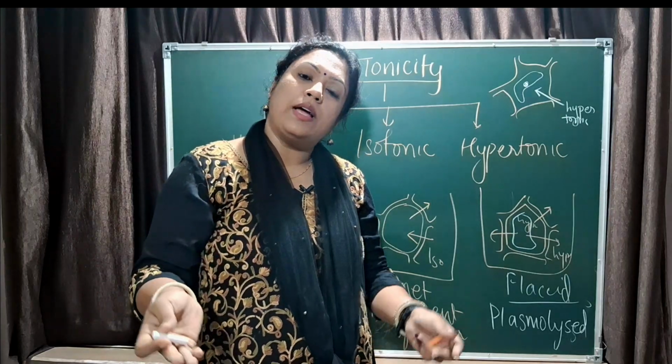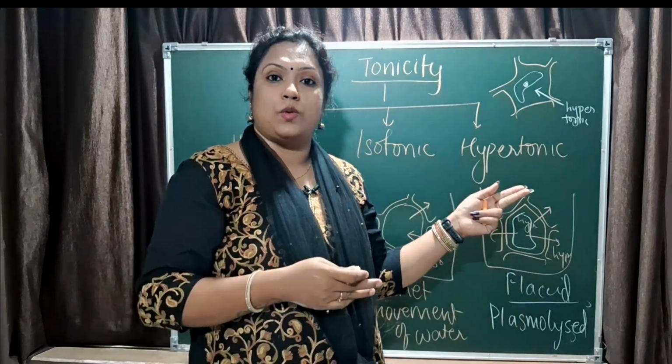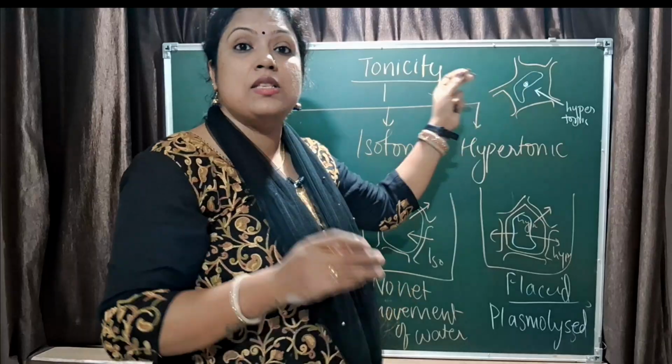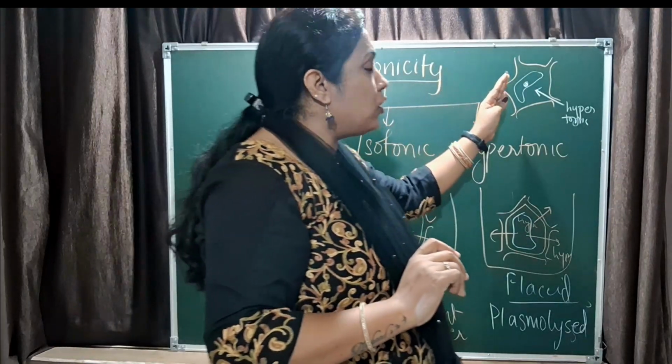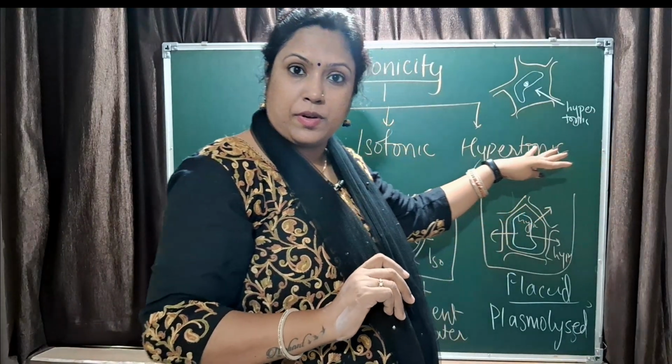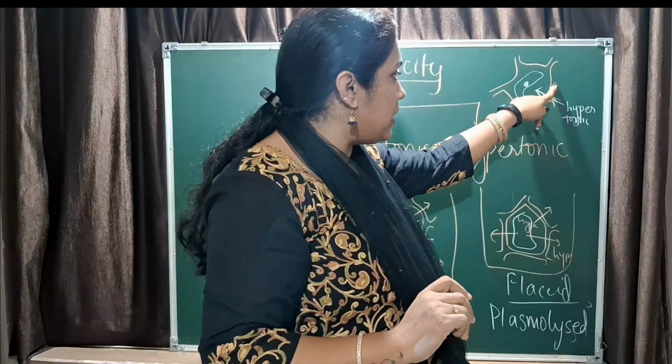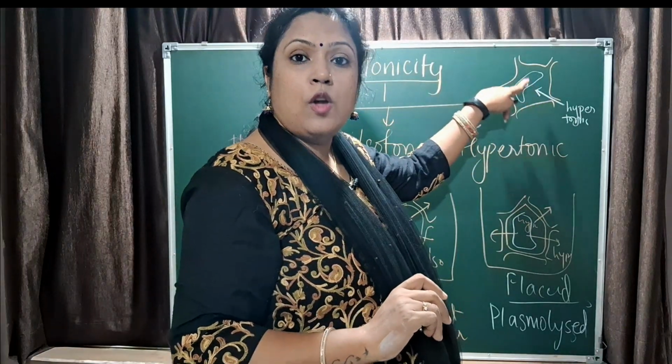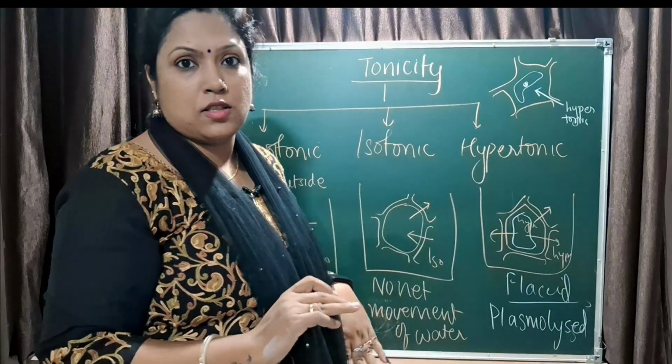It will allow the entire solution to pass through it. But the cell membrane is semi-permeable. It will allow the loss of water to happen. So the space between the cell wall and the cell membrane will have the hypertonic solution.